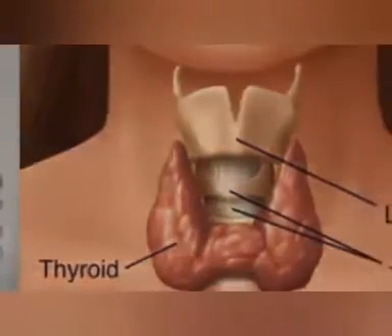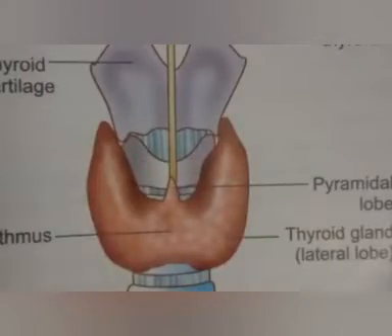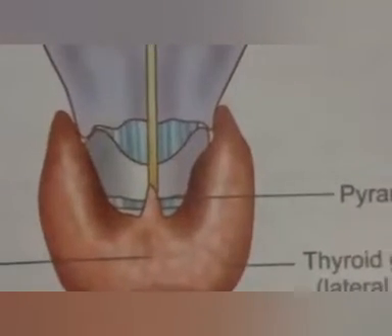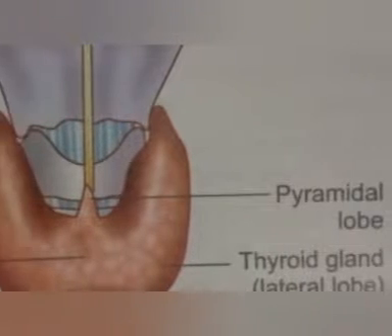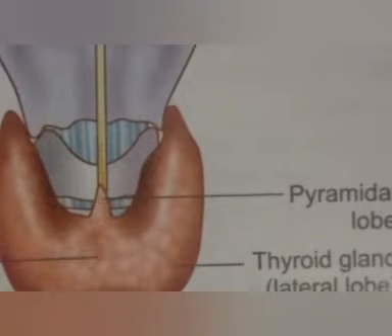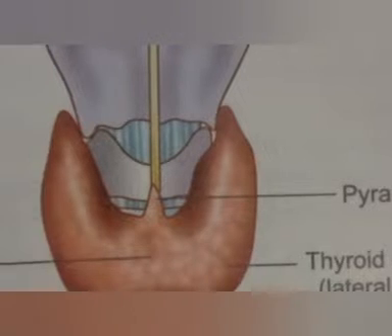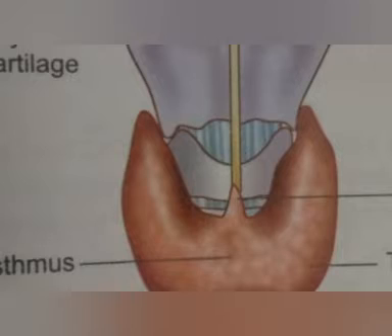The thyroid gland has two lobes, the right lobe and the left lobe. You can see how these two lobes are connected together in the middle region. The structure is called the isthmus.